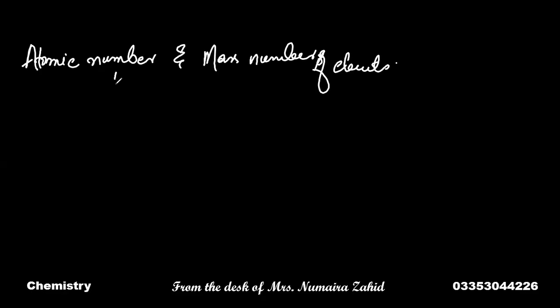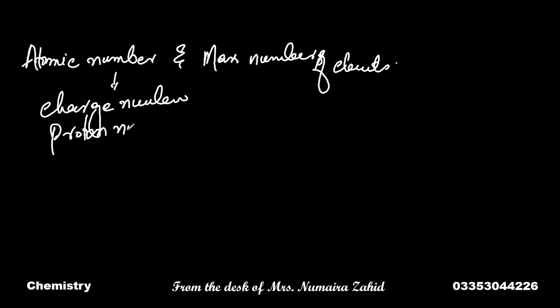So what is atomic number? Atomic number is also called the charge number. It is also called the proton number. As we know, all elements differ from each other in terms of their atomic number. The number of protons found inside the nuclei of different elements are different.